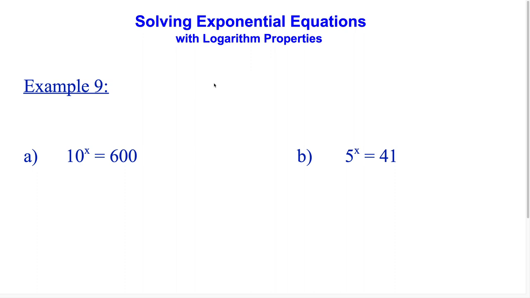We're going to now start solving exponential equations using logarithms. Mostly today we're going to work with the common log, which is in base 10, which is relatively easy to work with.